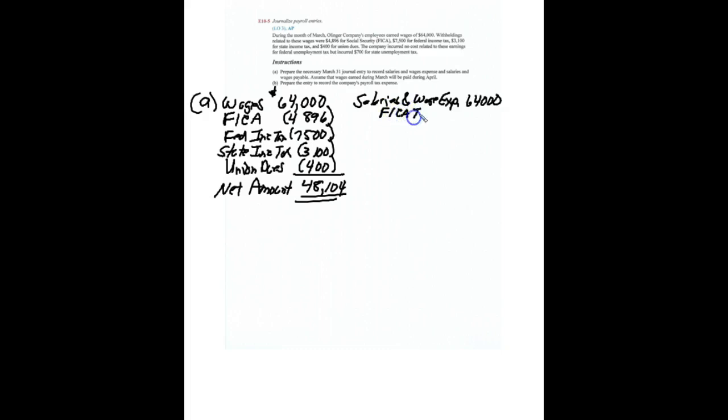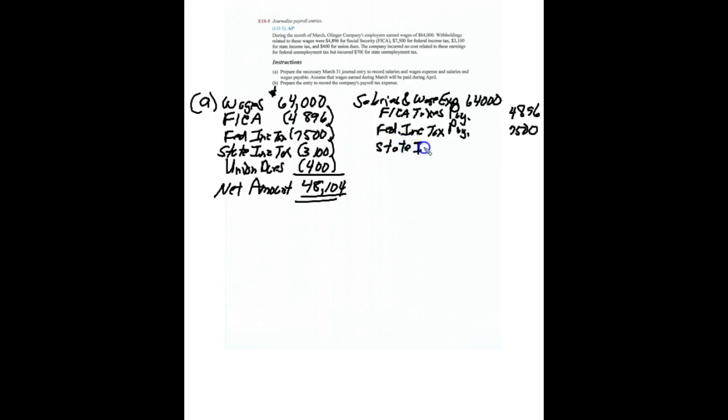So we'll have FICA taxes payable, and I'm going to abbreviate payable, PAY. So FICA taxes payable, $4,896. We'll have federal income taxes payable, so I'm going to abbreviate that. Federal income taxes payable, $7,500. So FICA taxes payable, federal income tax payable, and then state income tax payable.